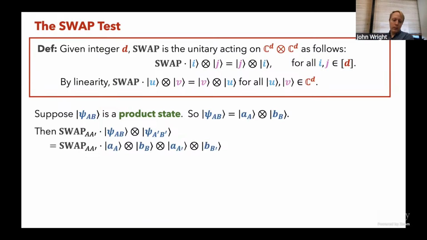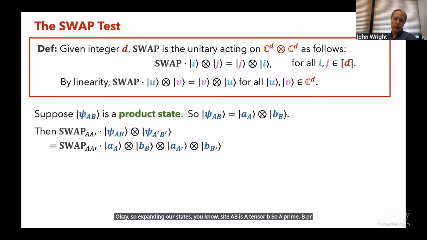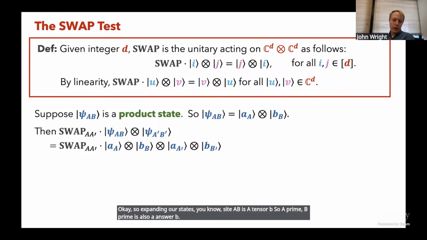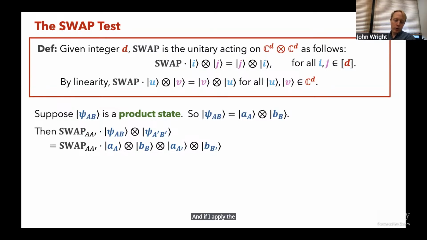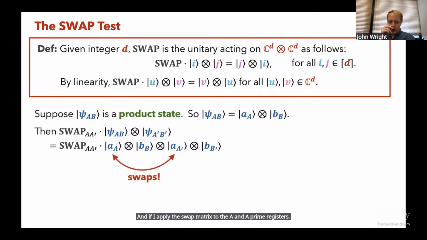Okay, so expanding our states, psi AB is A tensor B, psi A prime B prime is also A tensor B. And if I apply the swap matrix to the A and A prime registers, what it's going to take is this A on the A register and the A on the A prime register and swap them.